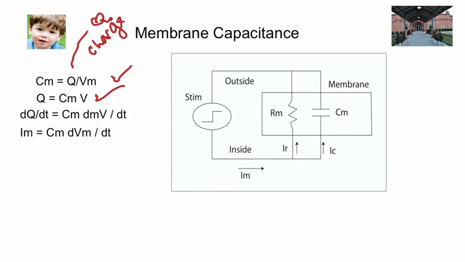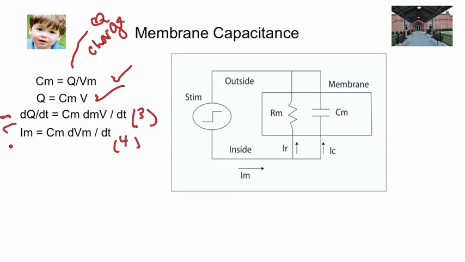If we now mathematically differentiate the second equation, we get the third. And equation 3 says that if things change as a function of time, then dQ/dt here is equal to the amount of capacitance times the derivative of the voltage. And if we rearrange that equation to get equation 4, we could say dQ/dt is the same thing as the membrane current.